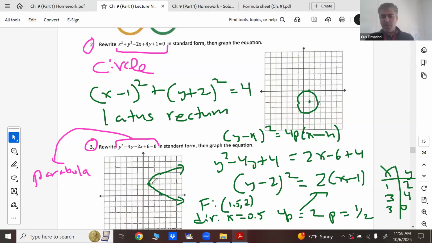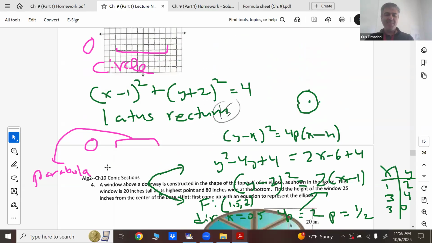I think you would go out 2 this way and 2 up, and it helps you find that distance. But we'll worry about that later. There's also another term called eccentricity. Again, I'm going to talk about that stuff later.